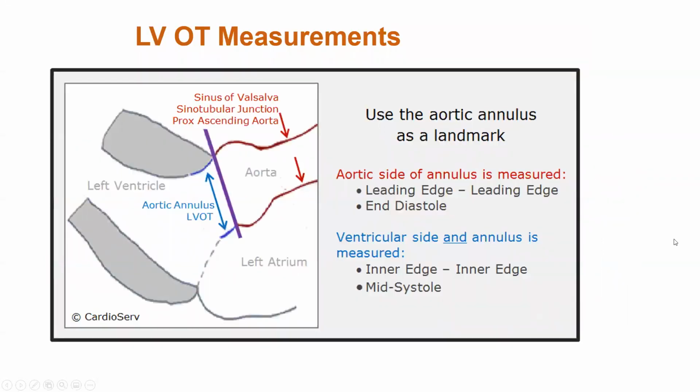And this slide summarizes using the aortic annulus as a landmark. You want to make leading edge to leading edge measurements. You want to measure these dimensions at end diastole, and the ventricular side and the annular side is measured inner edge to inner edge in mid systole.